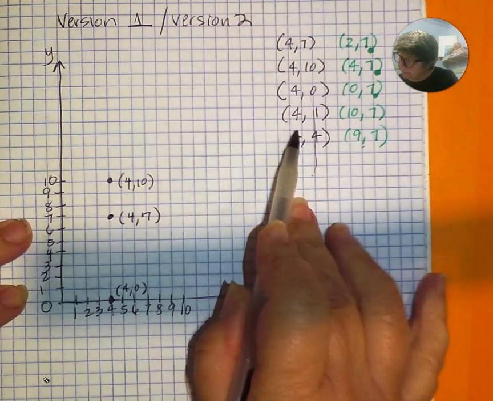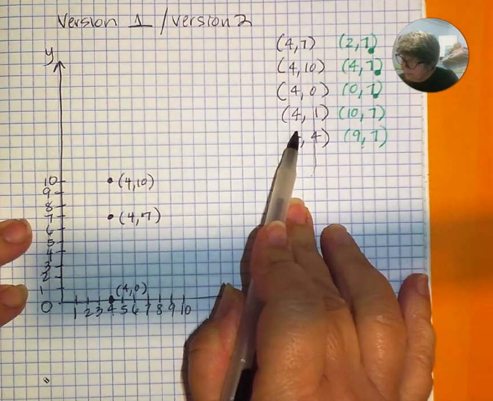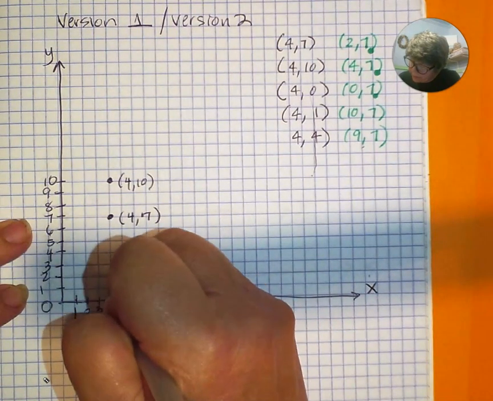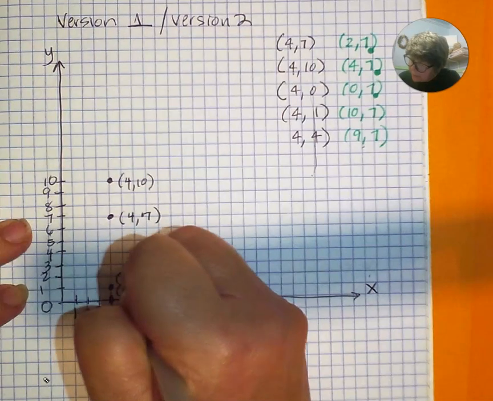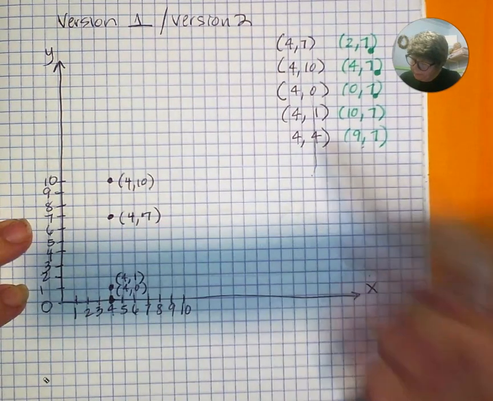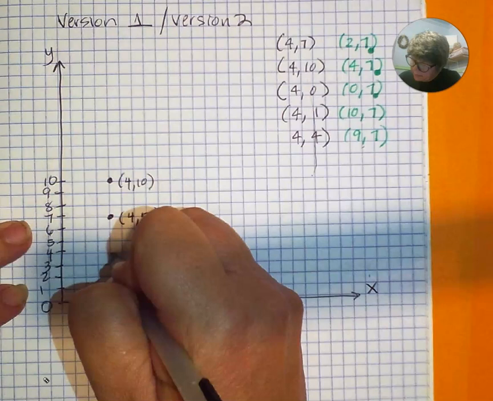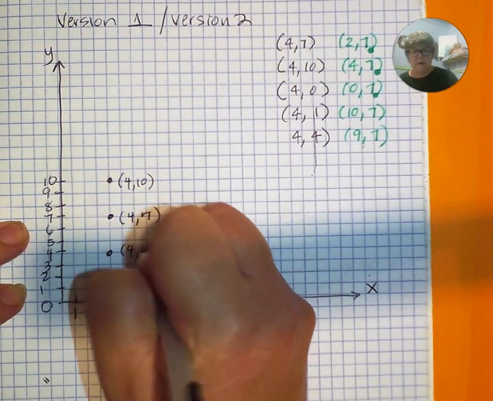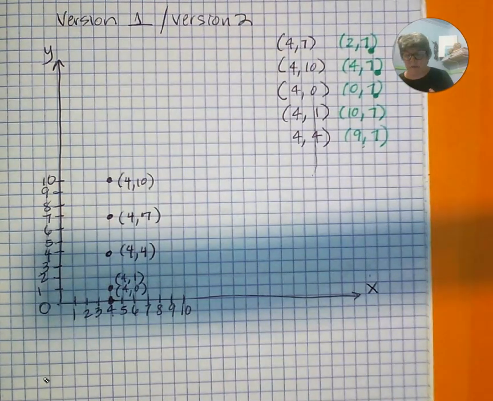And then 4, 1. It's going to be right above my 4, 0. And then 4, 4. Okay, if you don't have those plotted, you might want to pause me and get those plotted.